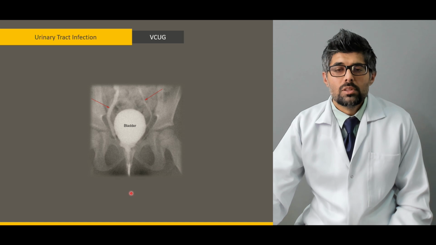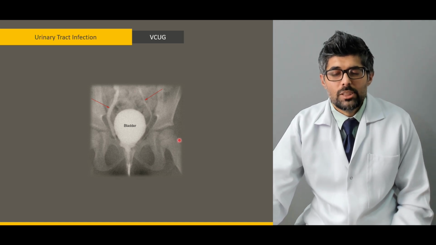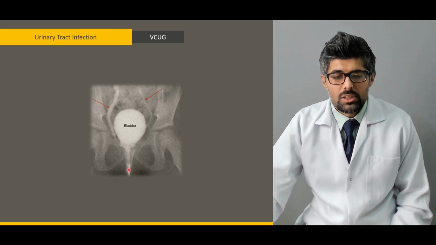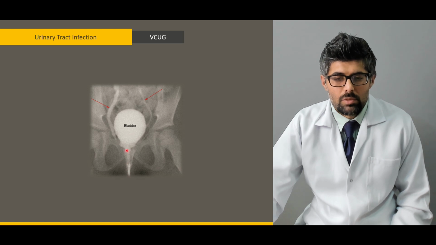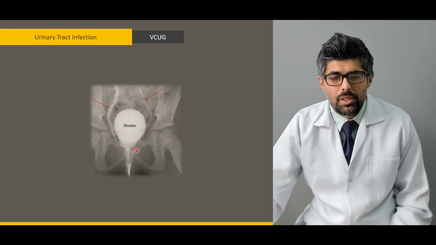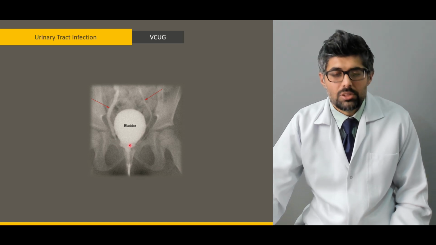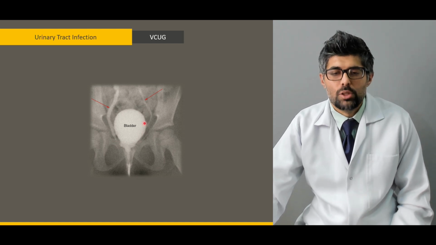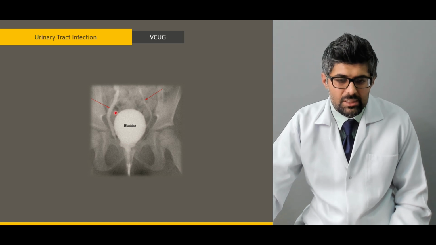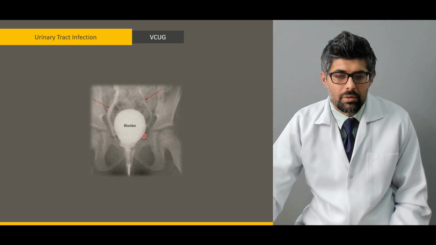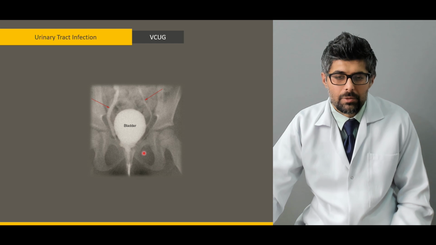Now, first for the VCUG. This is a patient in which the contrast media was introduced in the urinary bladder, which has resulted in the opacification of the urine. As you can easily see, the walls of the bladder are clearly demarcated.